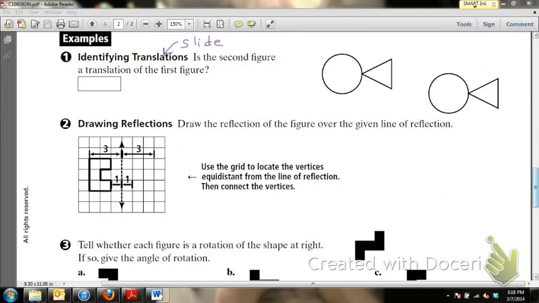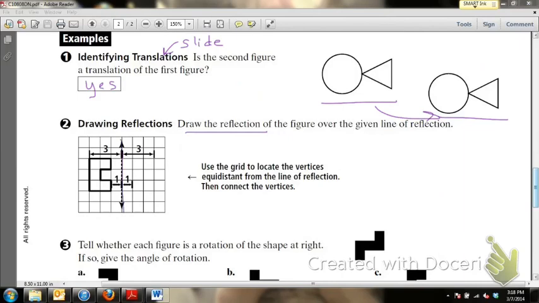So, does it look like this figure got slid over to this place? Nothing changed. It's still facing the same way. It's still the same size. Yes. Now, another thing. So, 1, you have to name it. 2, you have to draw it. So, draw the reflection over the given line.